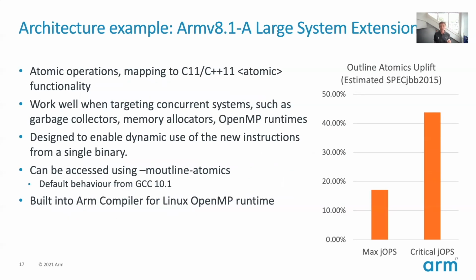Quick example of why this matters. In v8.1, there's an extension which improves the way that atomic locking is done on systems with lots of cores. And when you've got lots of heavily threaded code, like you have in OpenMP workloads, this has a huge impact on how efficient the OpenMP runtime is when it's dealing with shared resources across multiple threads. And if you built your OpenMP runtime without this, it would have a really bad degrading impact on how well your code performs.